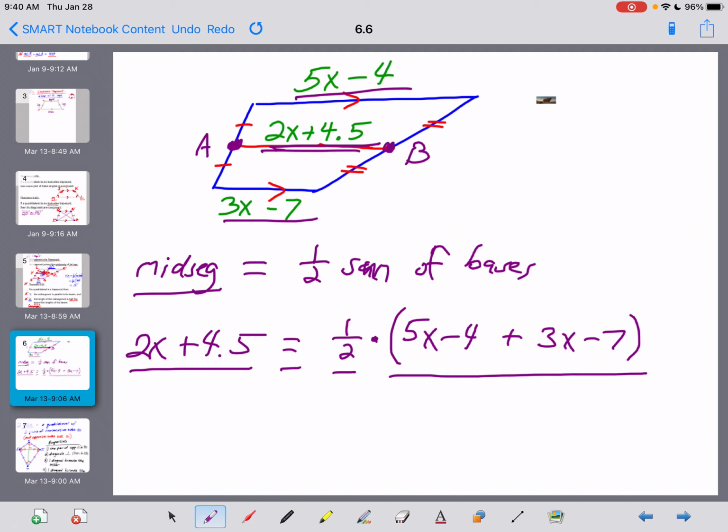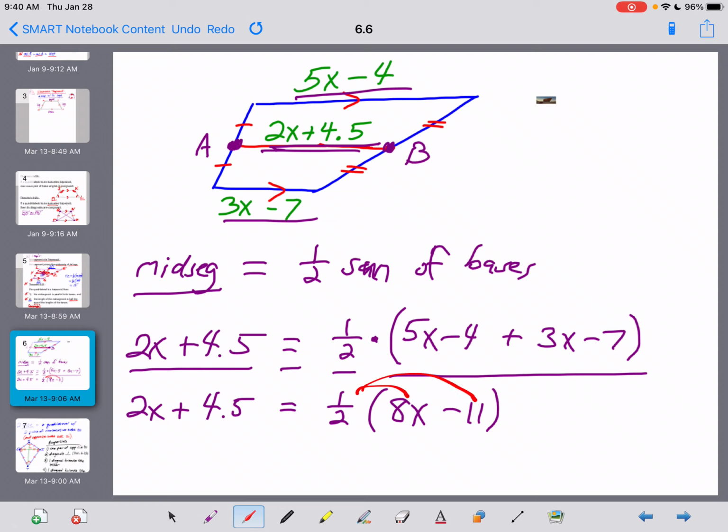And let's simplify here. 2x plus 4.5 is equal to 1/2. And now in parentheses, the 5x plus 3x is 8x. And -4 minus 7 is -11. Now, right here, people disagree a little bit on what we ought to do. It is entirely possible to distribute the 1/2 over here.